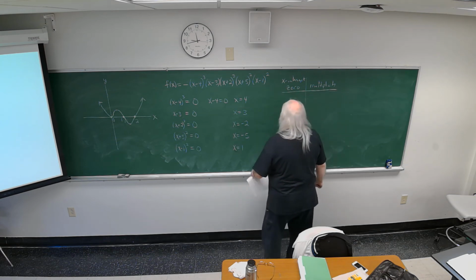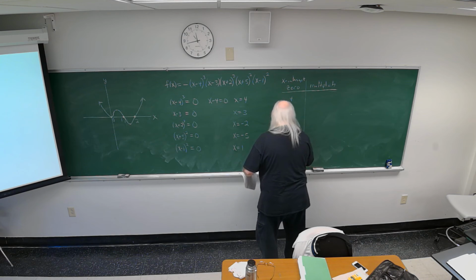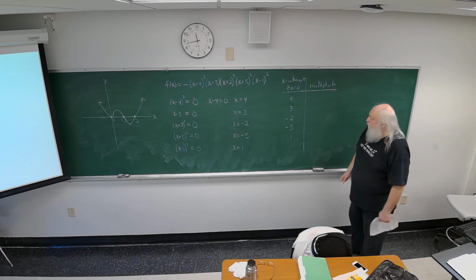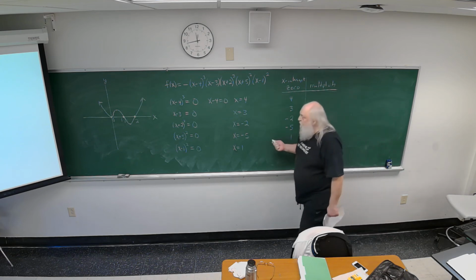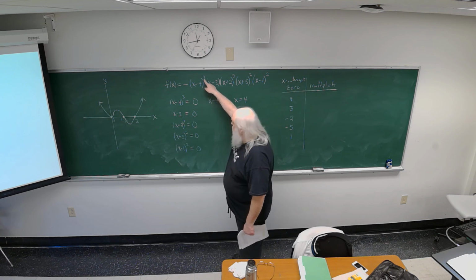So our x-intercepts, or zeros, are x equals 4, 3, minus 2, minus 5, and 1. The multiplicity is the exponent on the factor.